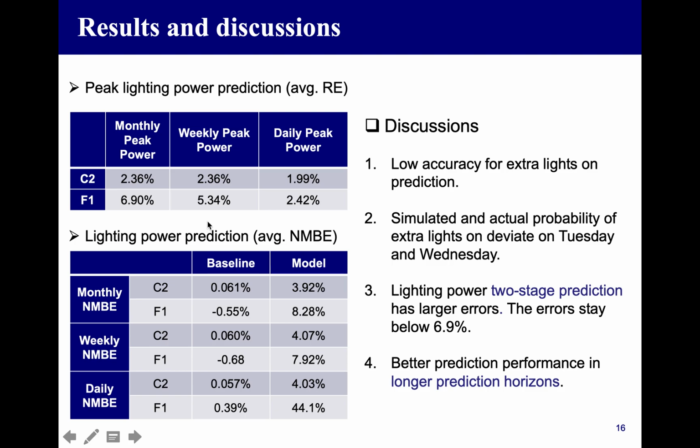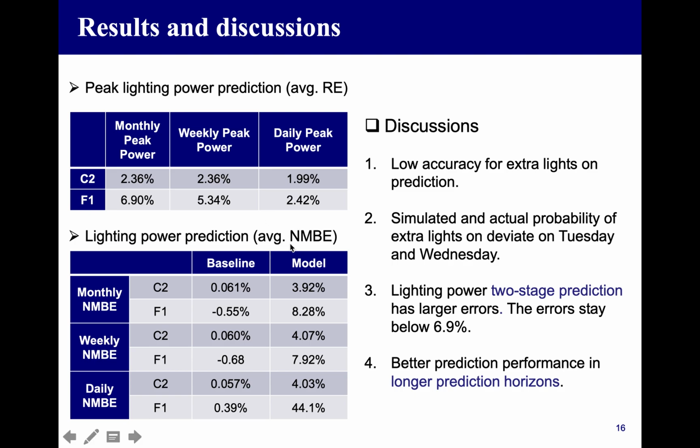And here are some more values. For peak lighting power prediction, we see that for single stage prediction, the peak power prediction is very accurate, but for multi-stage, double stage prediction for the bakery, the accuracy is worse, but generally speaking, the peak power prediction error is below 6.9%.